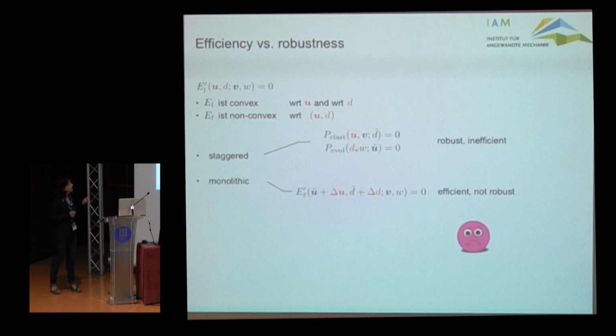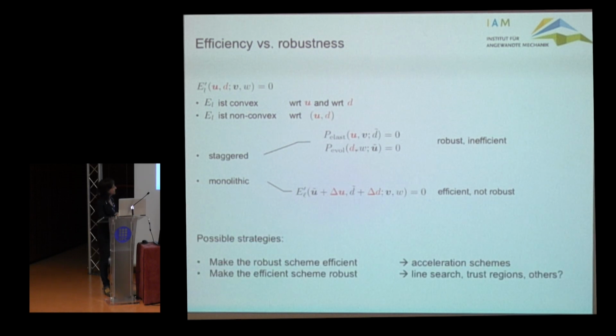The first approach is robust but inefficient, and the second approach is efficient but not robust. What do I mean? Well, I'll show you in a second very quickly. So one option, of course, is to make the robust scheme efficient using acceleration schemes. The other option is to make the efficient scheme robust.